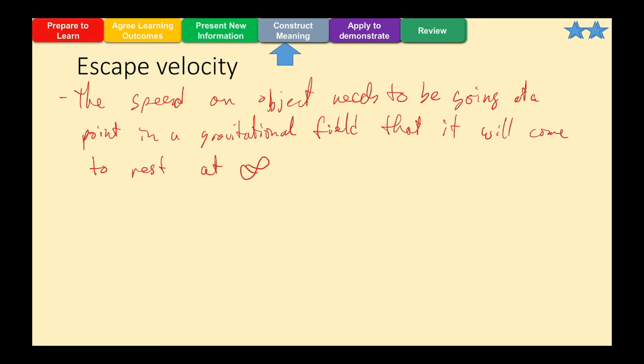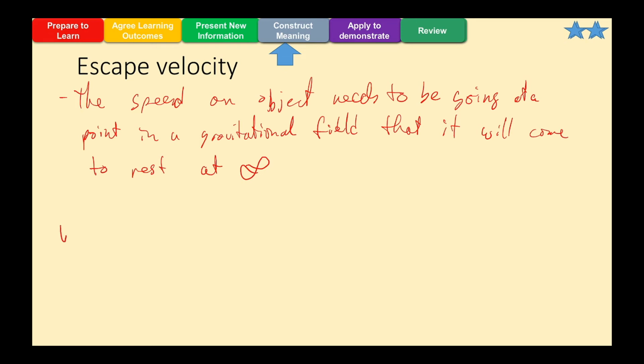Okay, so think about it. If you're traveling at a certain speed, you are experiencing a varying strength of gravity because you're moving away from the gravitational field. Okay, so the force of gravity is becoming less, your acceleration is becoming less, you are slowing down.